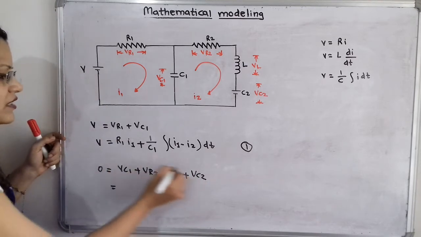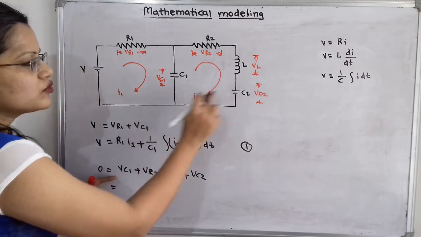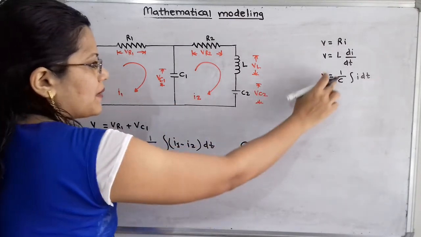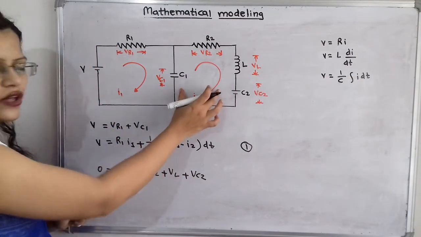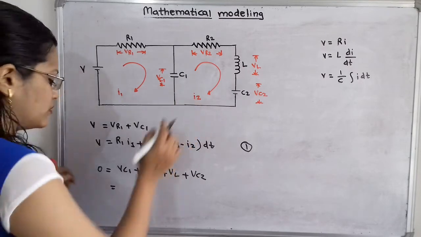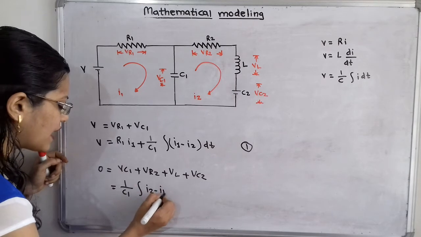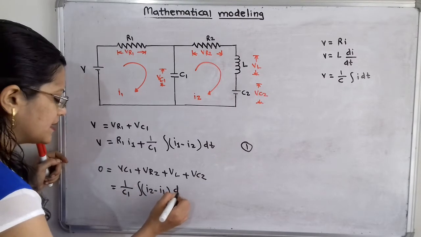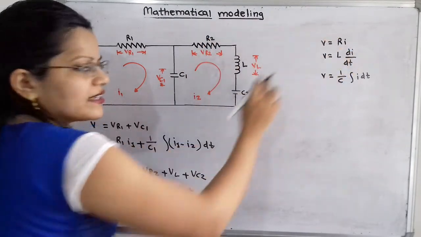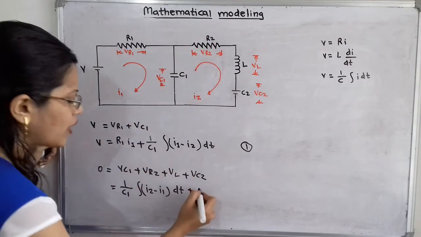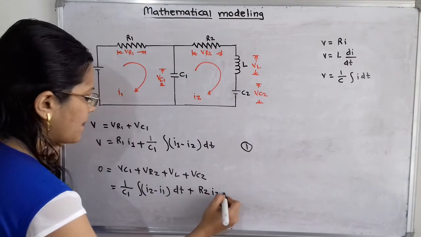Now we define this in terms of current. C1 is between I1 and I2, so we write 1 by C1 integration of the difference. But this is the equation for the second loop, so we take I2 first: 1 by C1 integration of I2 minus I1, bracket complete, dt, plus VR2. VR2 is R2 times I2, plus VL.